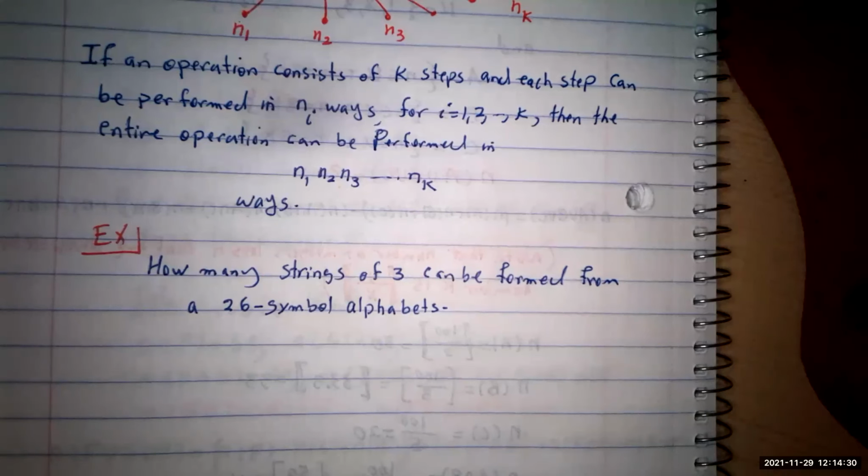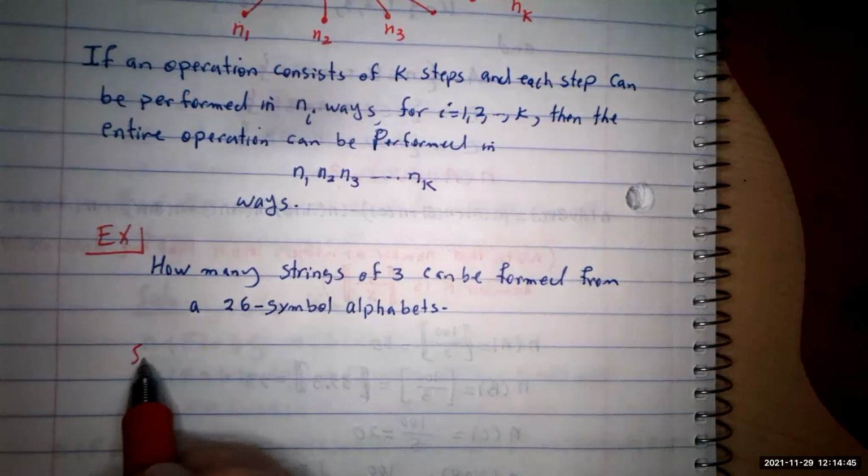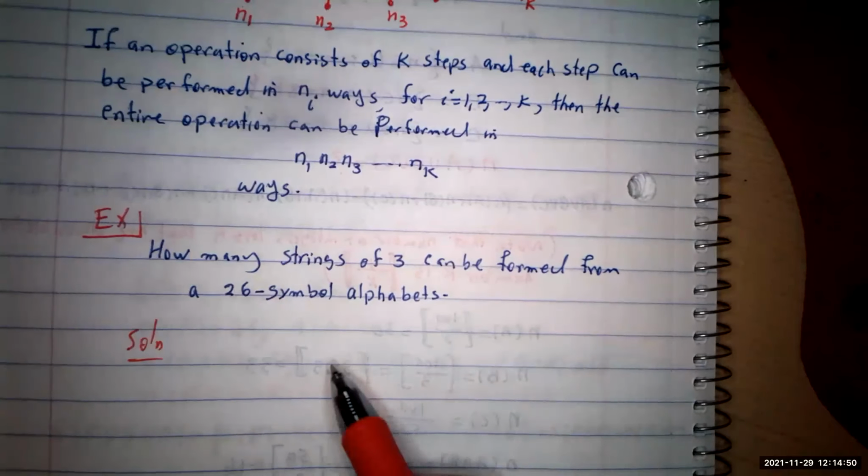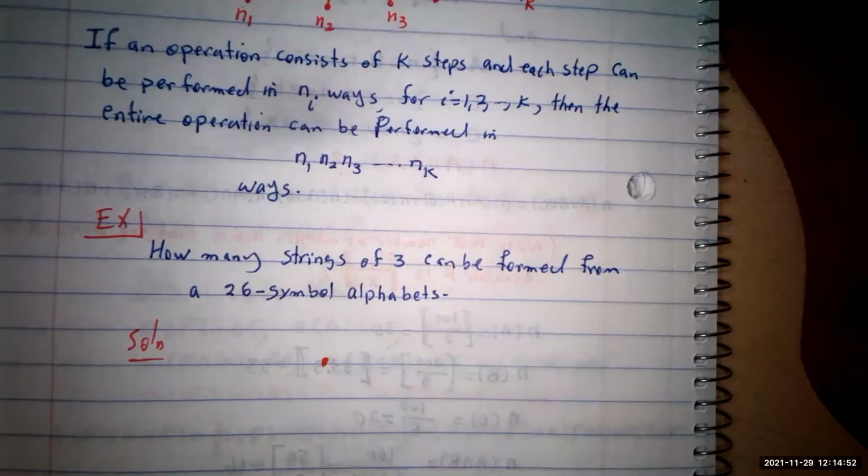You know that we usually took strings of 0, 1, 0, 1, 0, 1. So in this case, it is going to be the letters of the alphabet that form the string. So the solution is going to be, let's see how we're going to make this. This is going to be the job that we're interested in.